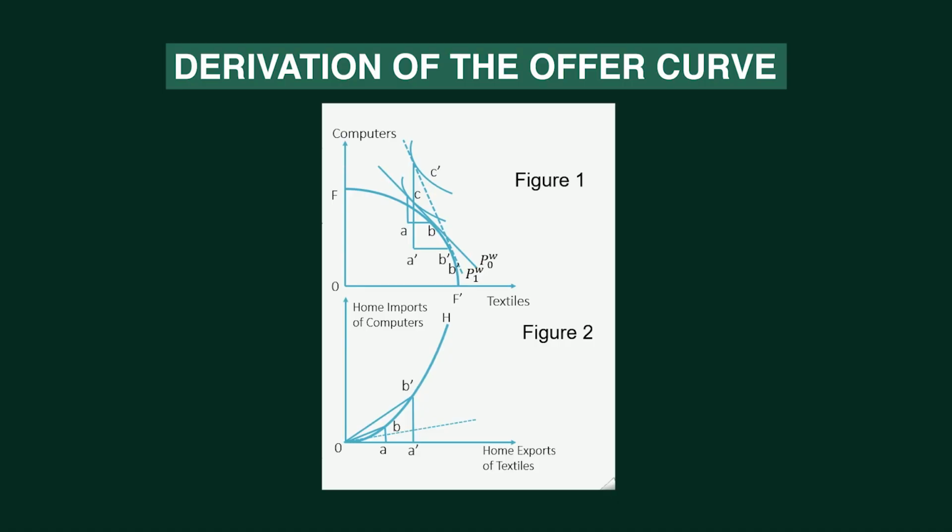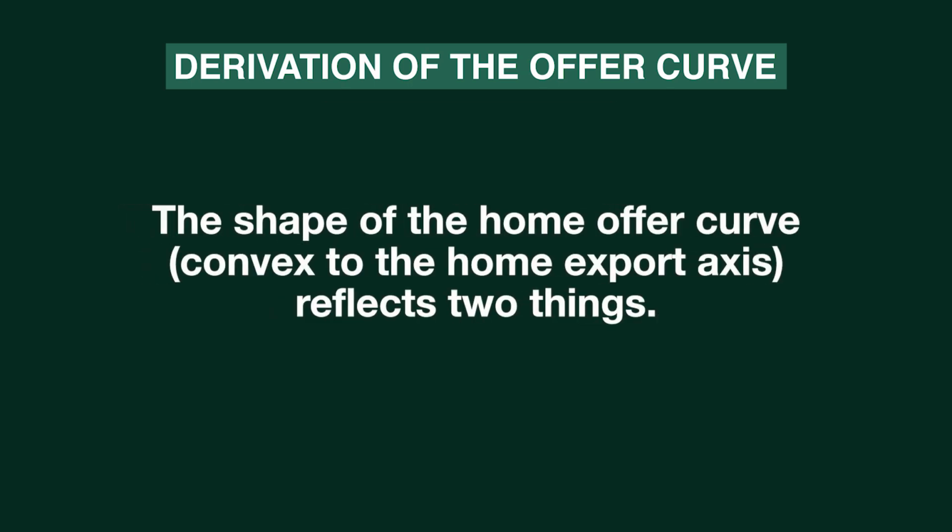Textile is the export of the home and computer is the import of the home. Therefore, for the foreign economy, computer is the export and textile is the import. What I said is that the offer curve of a country should be convex to the axis where the export of that country is measured.